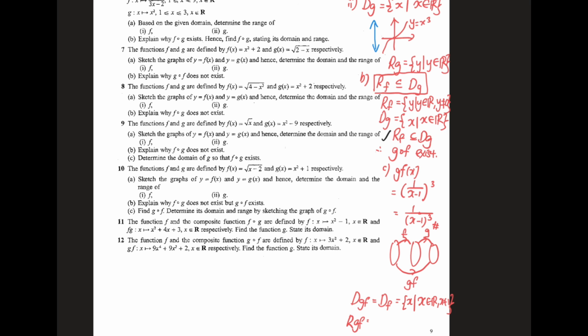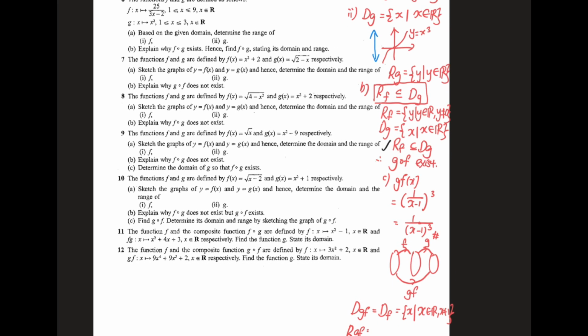We can't take the range of g straight away because certain values make the function undefined. So let's look at it in this way. You look at the graph again.